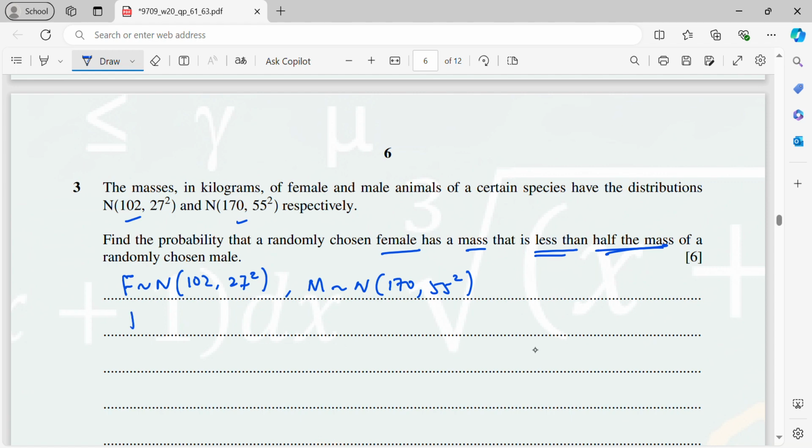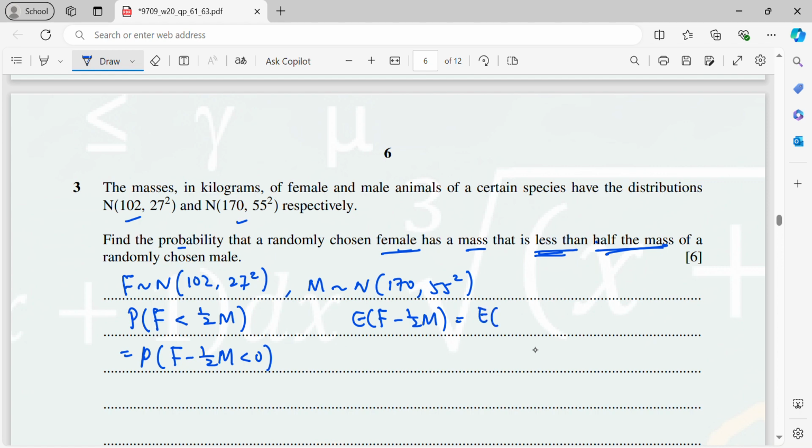So now you need to calculate the probability P(F less than half M). Basically, this is the same as the probability of F minus half M less than 0. So now I need to find the mean and variance for F minus half M. E is the expected value, which is our mean.